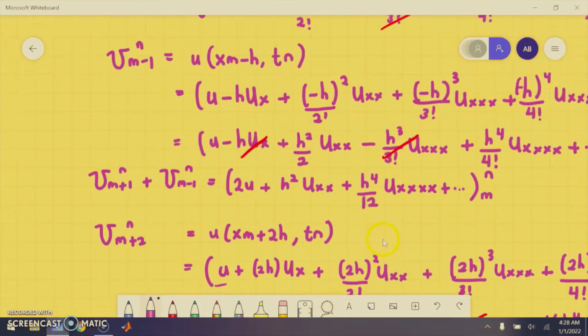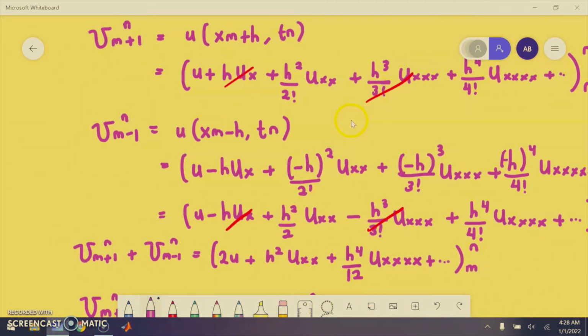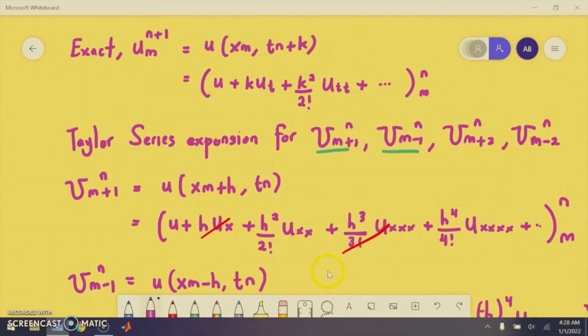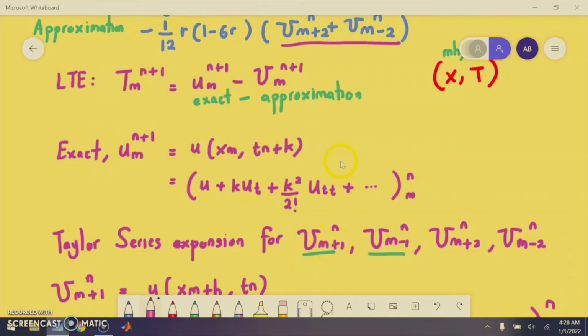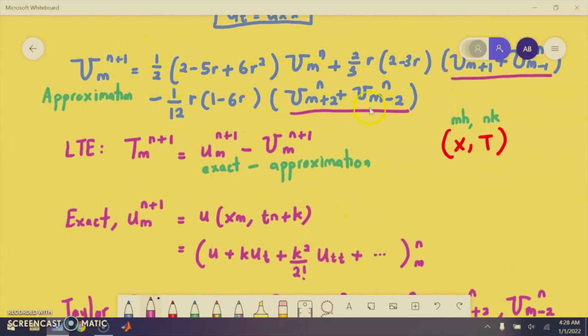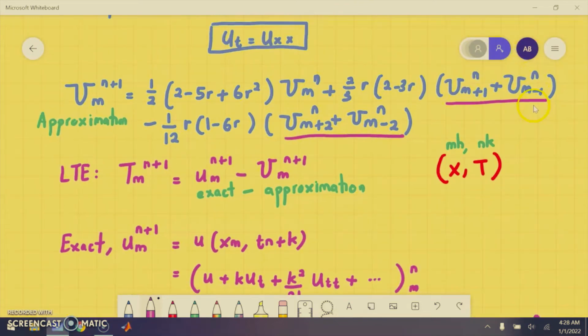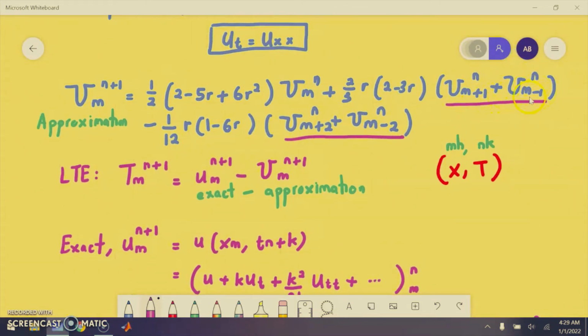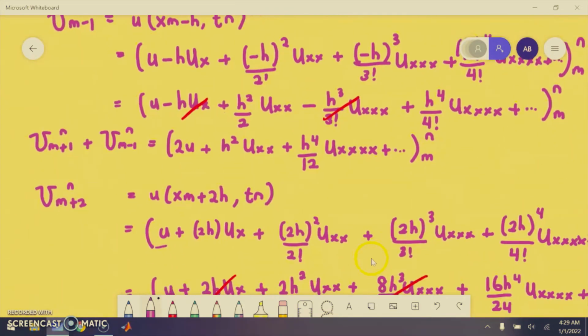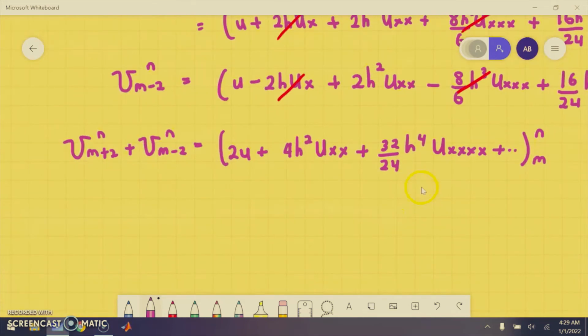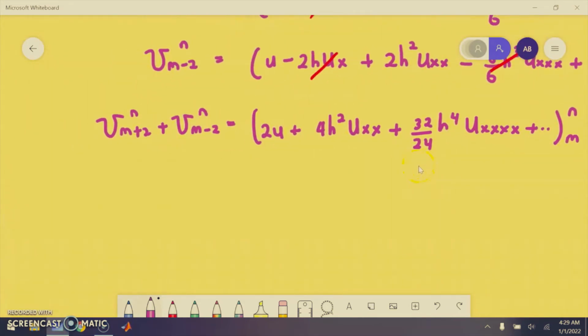Now, what is the approximation here? You want to find the approximation for this six-point scheme. You have to substitute whatever Taylor series expansion you obtained for u at m plus 1, m minus 1, and m plus 2 plus m minus 2 in this equation. So let's write it down.